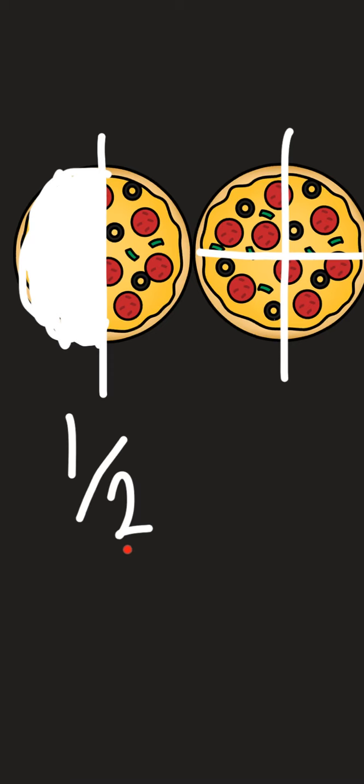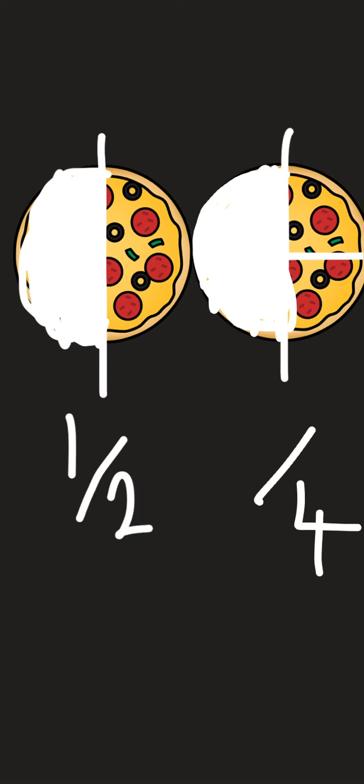So I've got 1/2 of the pizza. In this pizza, I've split the whole into 4 equal parts. So my denominator will be 4. Now, if I've got 2 of those, my numerator will be 2 because I've got 2 out of the 4 equal pieces.